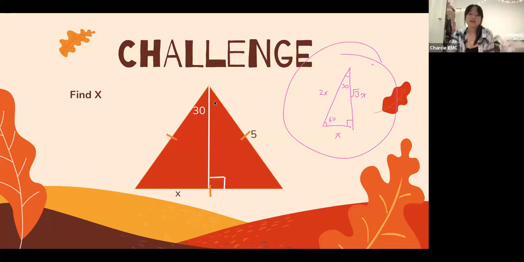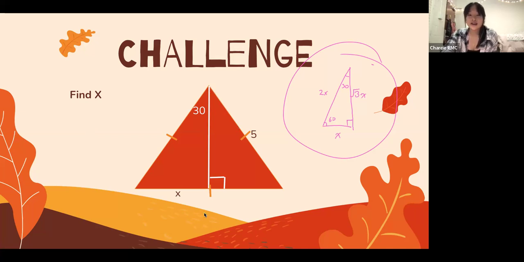Okay, yeah, so right now it's missing a lot of information, but what do we know? The little ticks on the side of the triangle show that it's an equilateral triangle, right? That means all of the sides are the same. And that means all of the angles, if a triangle is 180 degrees and there are three equal angles, each angle is going to be 60 degrees.